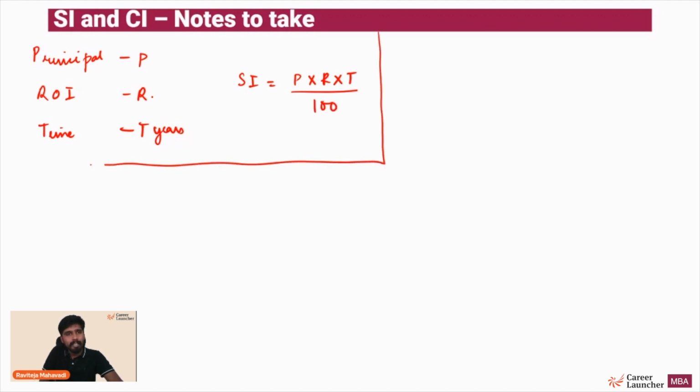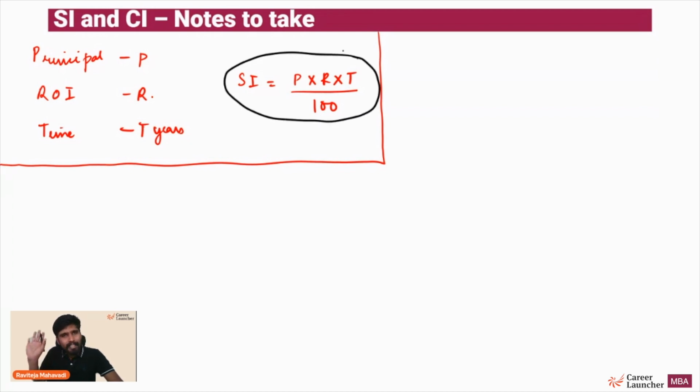I hope all of you have also gone to school just like I did, and you would have seen this formula. Now this, my friends, is nothing but the universe of simple interest. Simple interest is P into R into T upon 100. And then if you have to calculate the total amount, it will be equal to P plus SI. The principal plus simple interest will be the total amount accrued after a time period of T years at a rate of interest R.